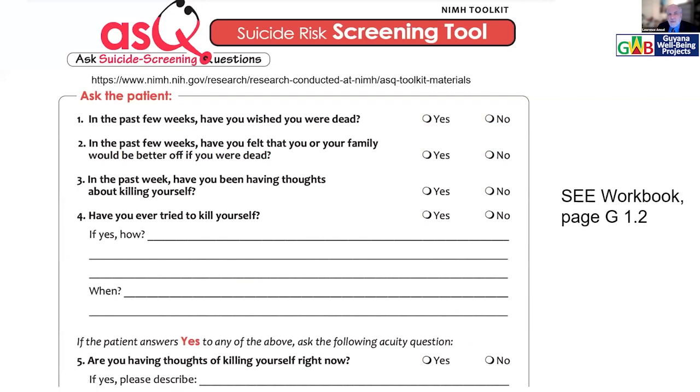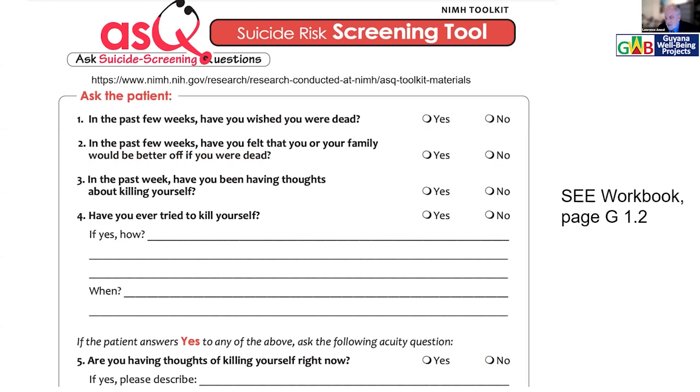So here is the suicide screening tool. Depending on where you live and what the conditions are, this is getting to be more and more of a universal thing. But for the sake of this talk, we'll talk about the notion that you have some reason to worry about suicidality.